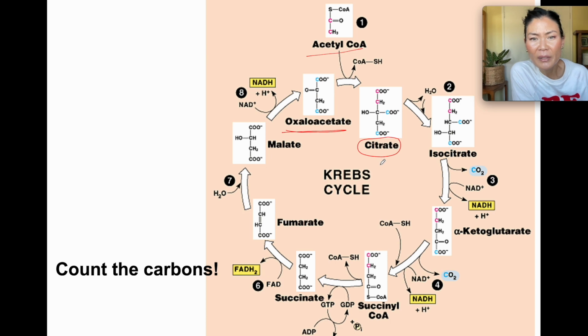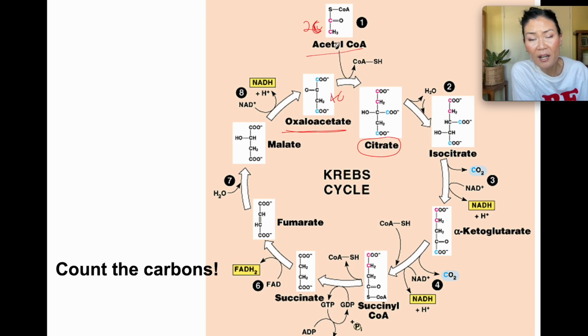Again, you don't need to memorize all of the intermediates, and every single step requires an enzyme, which is not shown here. I just want to point out that acetyl-CoA is a 2-carbon molecule. We want to count the carbons. Oxaloacetate is a 4-carbon molecule, 1, 2, 3, 4.